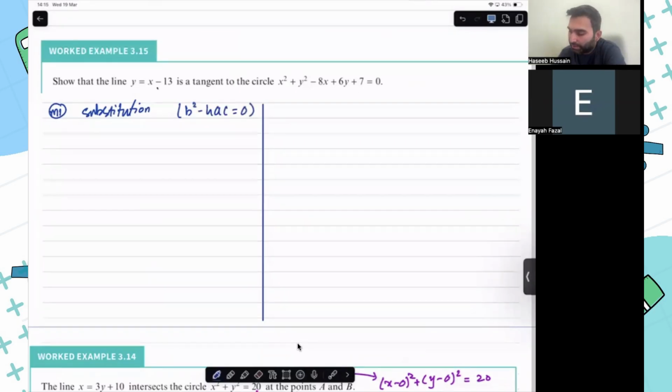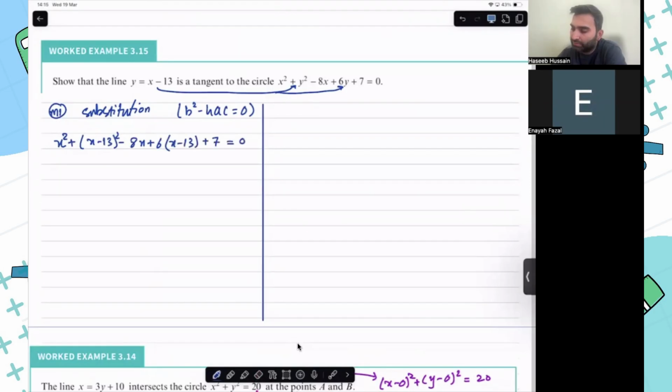So if you plug this in here, this would be x square plus (x minus 13) square minus 8x plus 6 into (x minus 13) plus 7 equals 0.